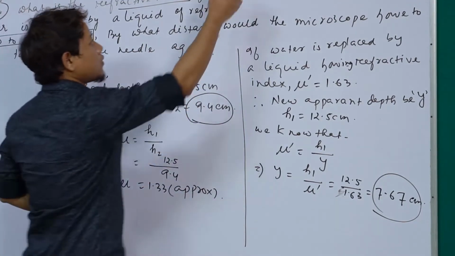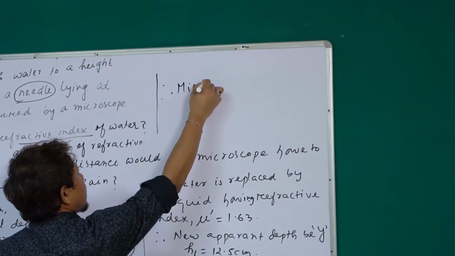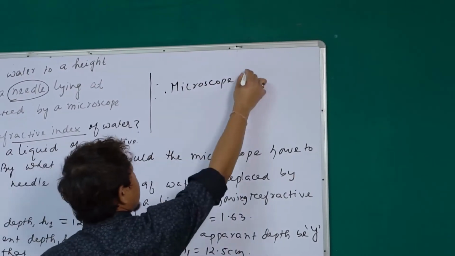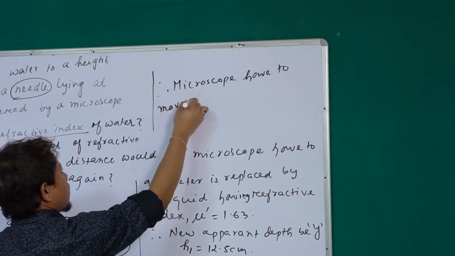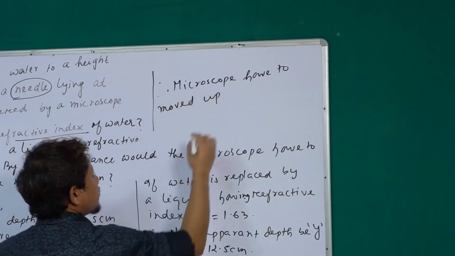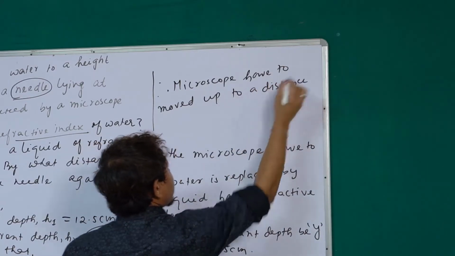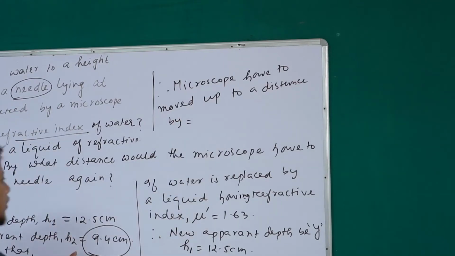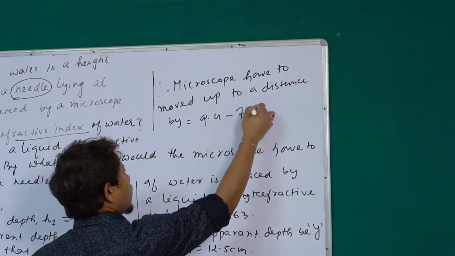So here I am writing for the last part. Therefore, the microscope has to move up a distance of 9.4 minus 7.67.